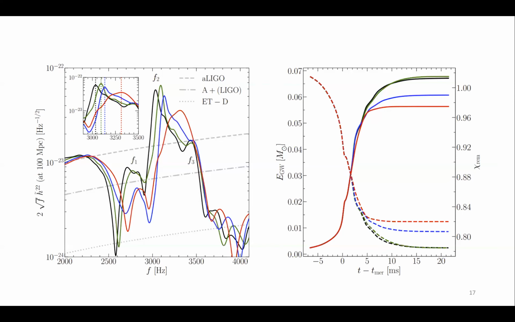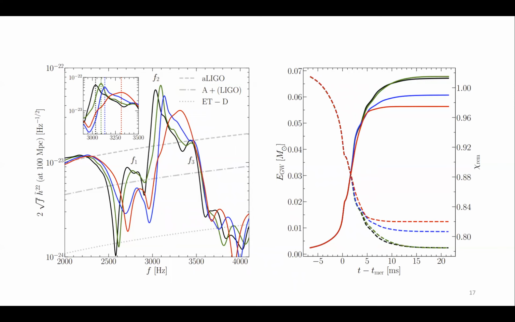We have then also calculated other quantities, for instance, the spectrum of gravitational wave emission, where we see a difference in the F2 peak. So that's the frequency of the l equals m equals 2 bar mode of the two neutron stars, where we see with higher viscosity, essentially, this frequency gets higher because the whole object gets more compact and can't really lose a lot of rotational energy to outer layers and also to gravitational wave emission.